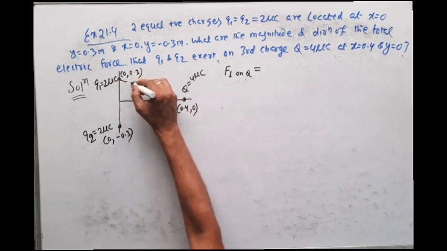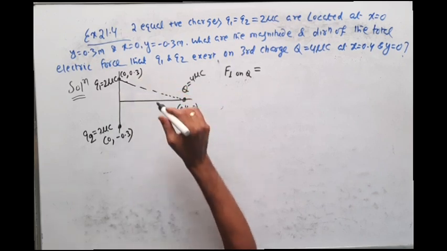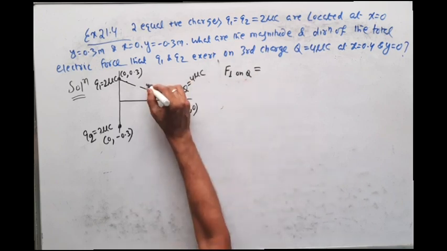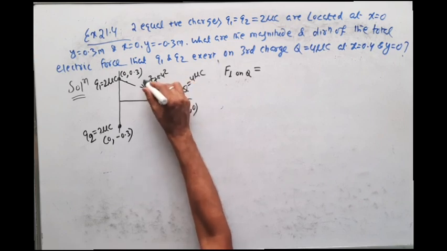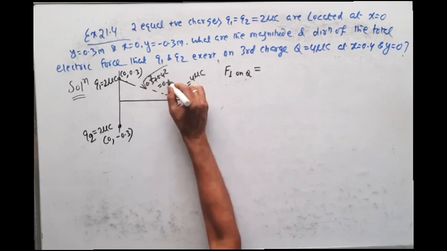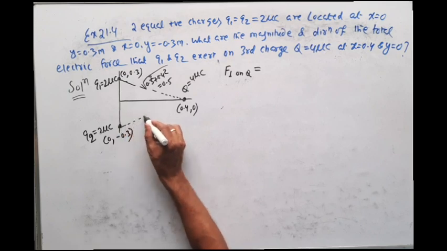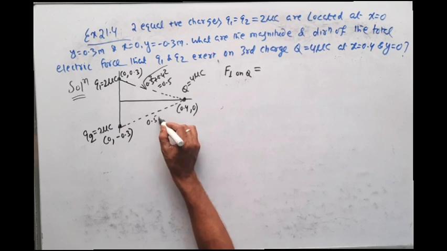Now calculate this distance. Definitely this distance is the square root of 0.3 square plus 0.4 square, which is equal to 0.5. Similarly, the distance between this and this is also 0.5 meter.